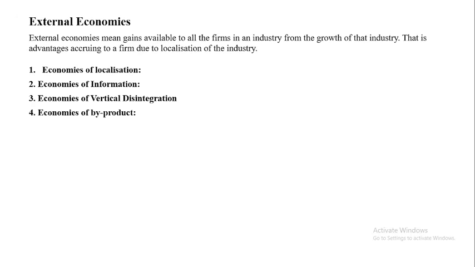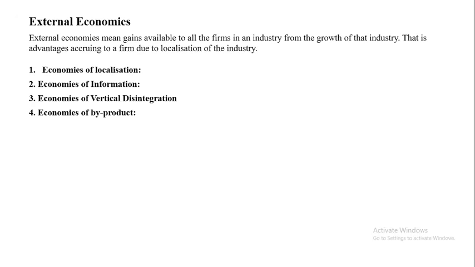So when the industry grows, there will be certain advantages to all the firms in that industry. This is because of the growth of the industry. So what are the different ways in which a firm can get advantages by the growth of the industry?